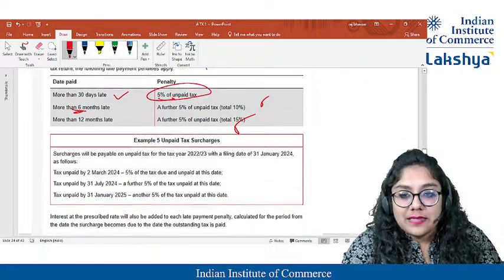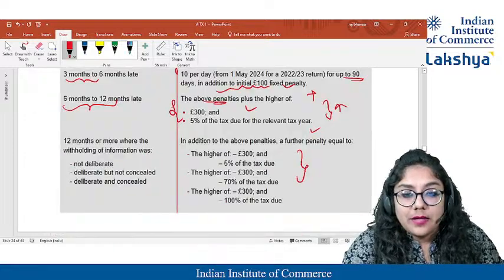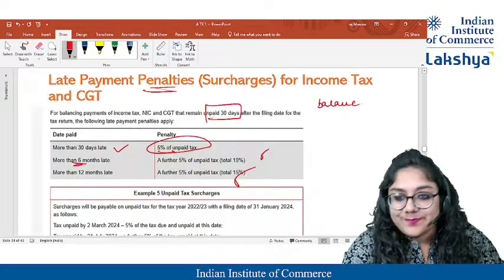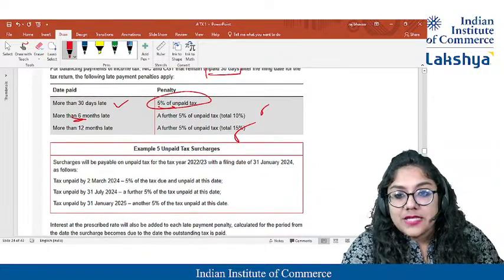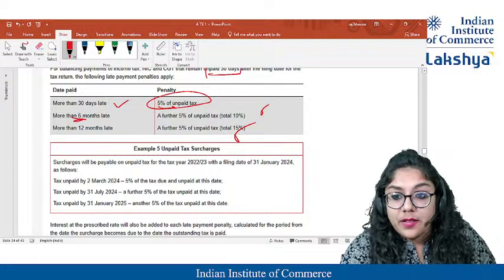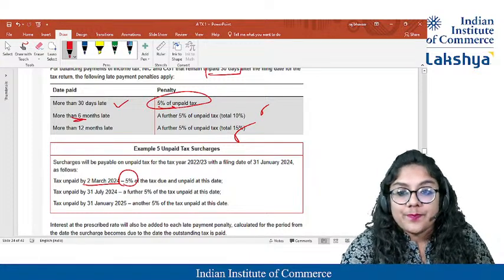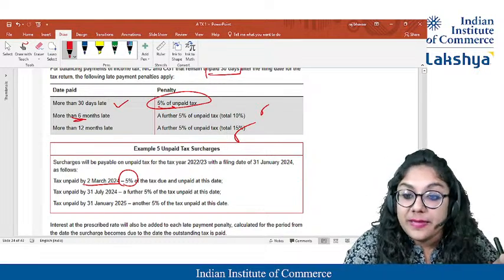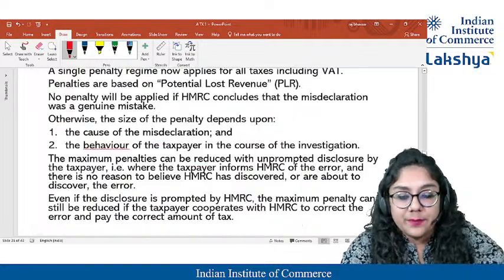If you understand this example, it's very simple. Surcharges will be paid on the unpaid taxes. For example, if I have not paid by 2nd March, 5%. More than 30 days late but less than 6 months, and more than 6 months, a further 5%. It goes that way. Easy?